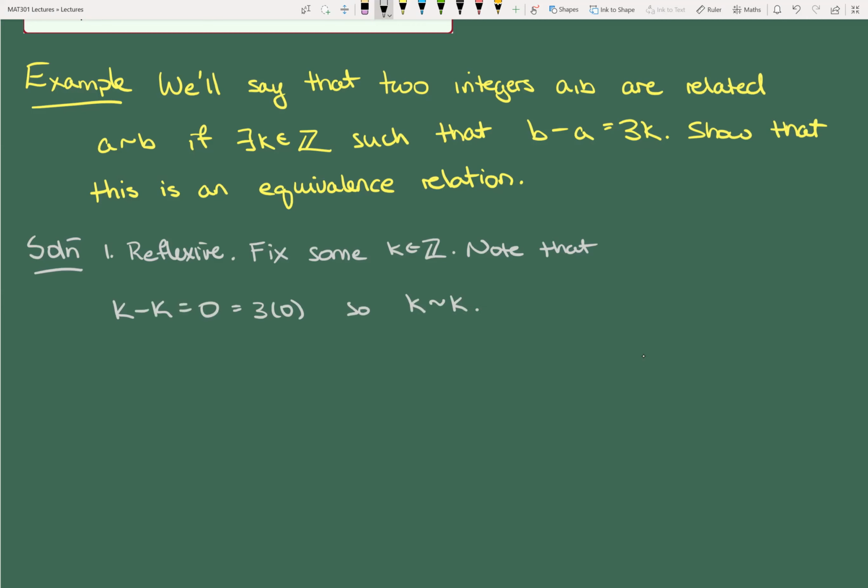So k is similar to itself. That's what it means to be reflexive. Everything is equal to itself. In this case, we subtract the two things, we get 0. That's definitely a multiple of 3. No problem. Okay, symmetric.